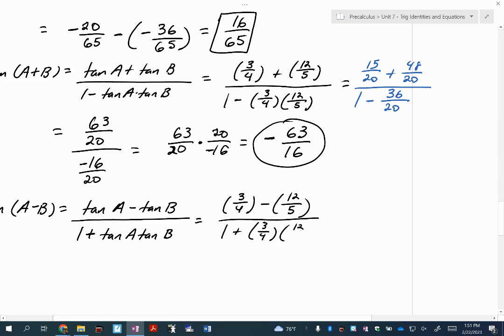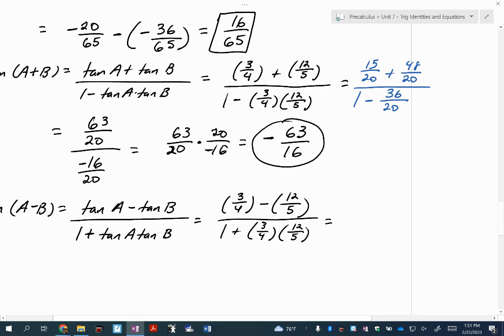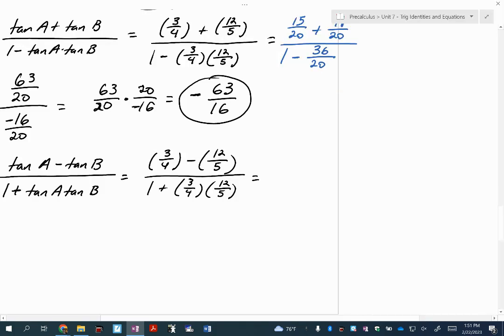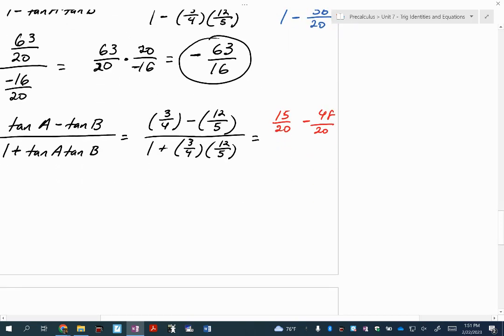3/4 times 12/5. If you get your common denominator again, it's going to be the same thing, 15/20 minus 48/20 all over 1 plus 36/20.